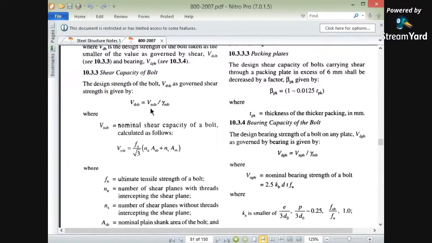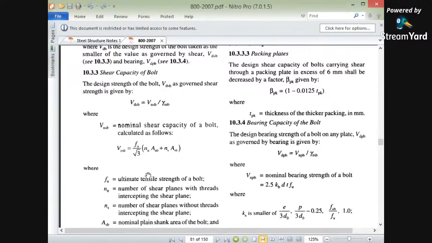How to find out VNSB? Again there is a formula for this: fu divided by square root of 3, times, in brackets, nn Anb plus ns Asb. What is this nn? That is the number of shear planes with threads. That means how many threaded portions are there, so we have to take this nn from the threaded portions.